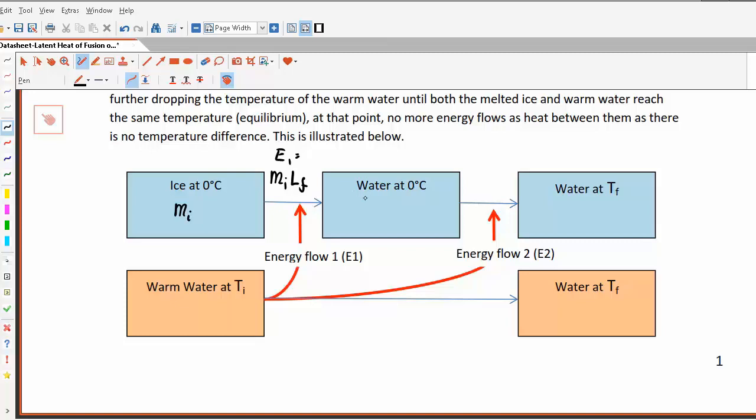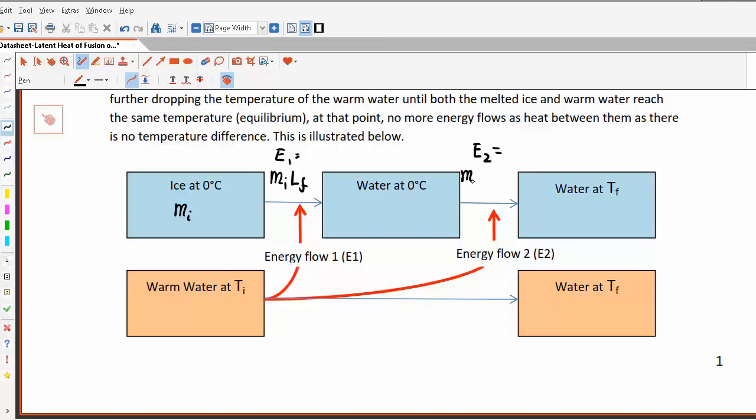Now the melted ice is water at 0 degrees centigrade, and that will absorb more energy from the warm water. That quantity of energy we'll call E2, in order to warm to the final equilibrium temperature.